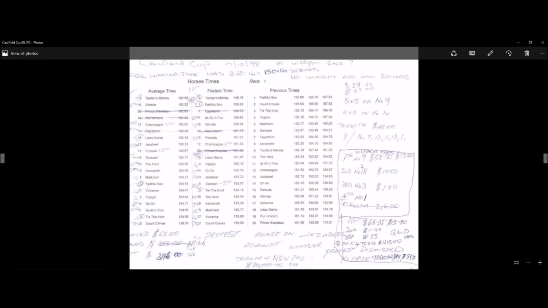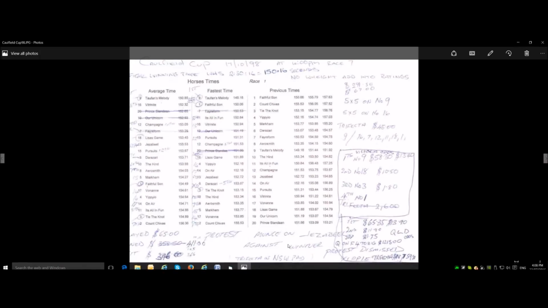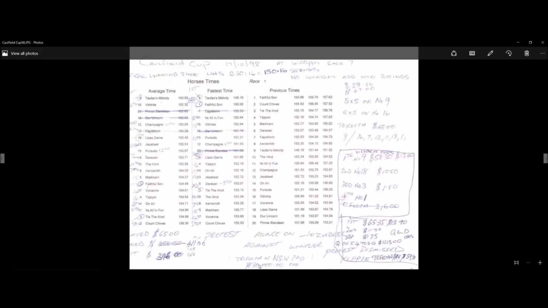Anyway, the trifecta paid on the Victorian tote something like, I've got it written here somewhere. Trifecta in New South Wales paid 30-odd thousand. I think it paid, I can't see what it paid. Anyway, the 3 different totes.